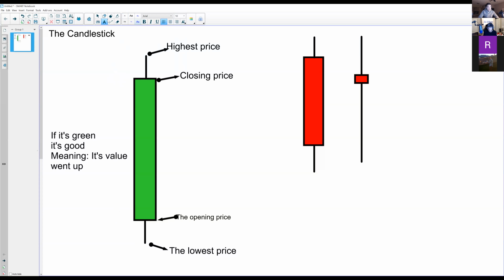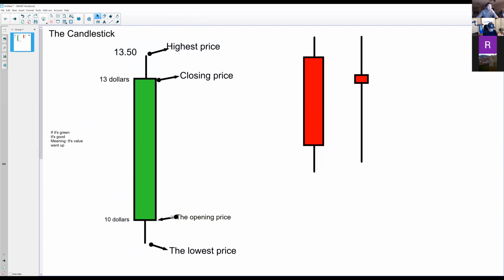And the highest price, let's just say this was $13.50. I'm trying to make it not all clunked together. And we'll just say the lowest price is $9.50.